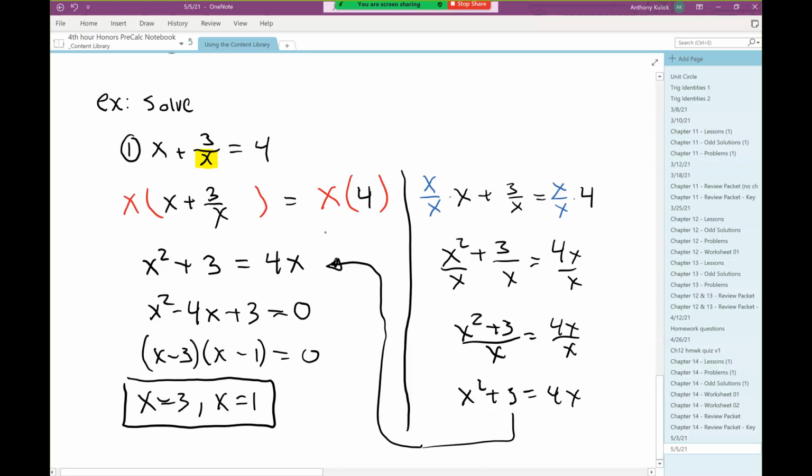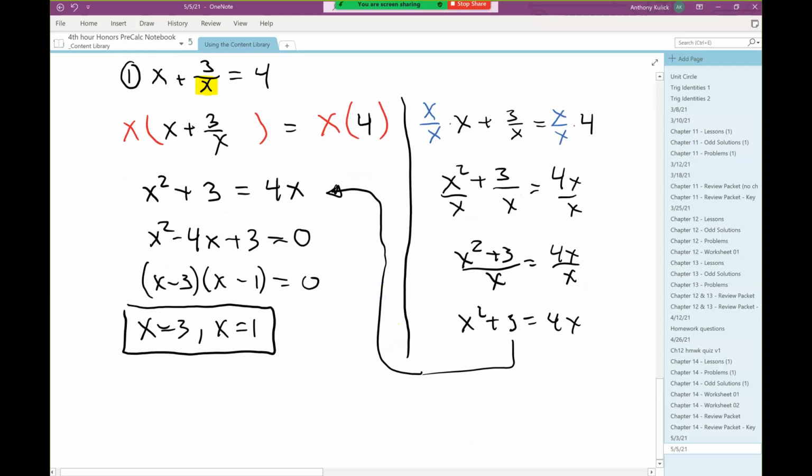So it doesn't matter to me which one of these approaches you take. They're basically still doing the same thing, right? I like to do the clearing fractions because I think it takes a little less steps to get to the answer, but they're doing the same thing and it doesn't matter to me. Everybody okay with that?